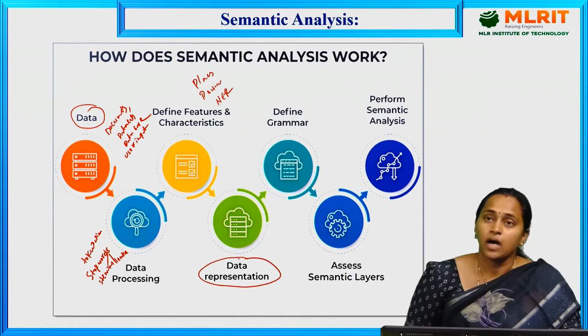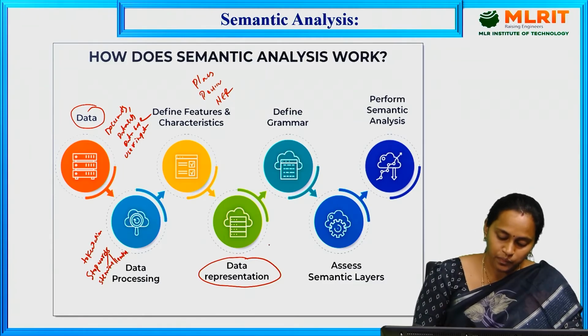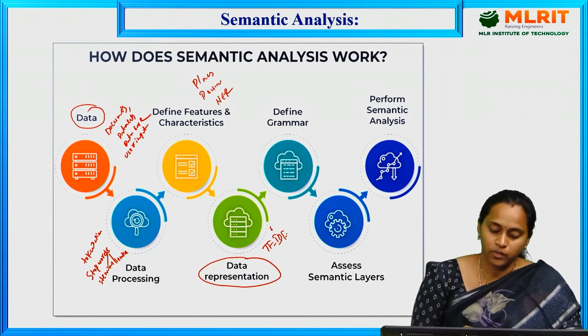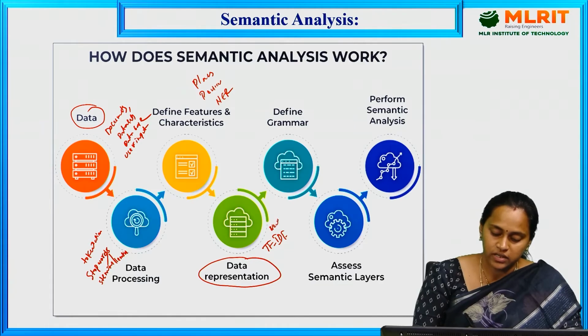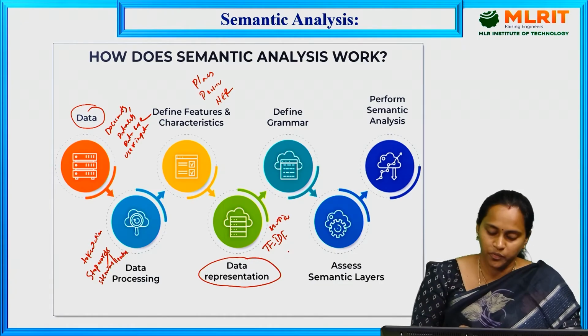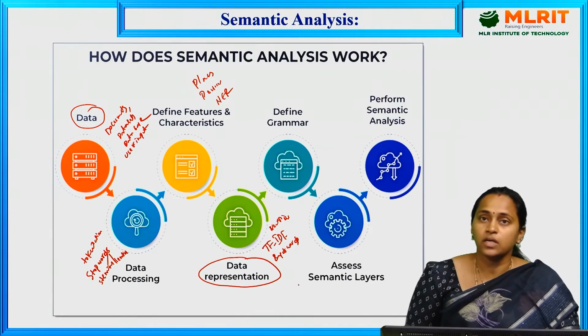After finding the structured data, we have to find out the probabilities. We all discussed how to find probabilities in vectorization, right? TF-IDF, term frequency inverse document frequency, bag of words. Like this we can find the probability.